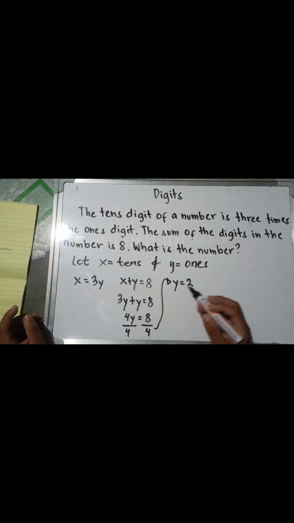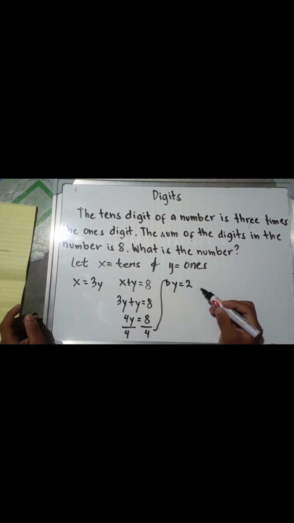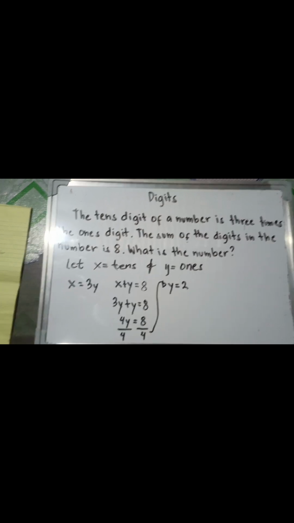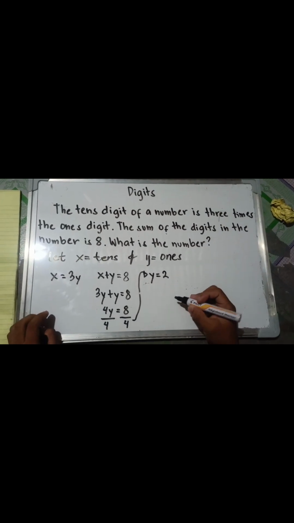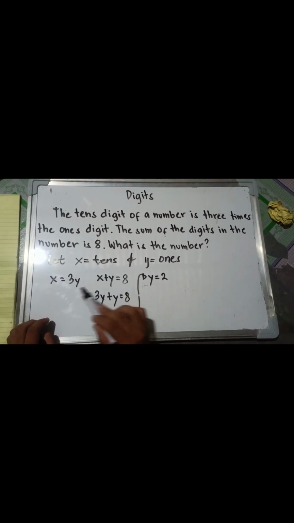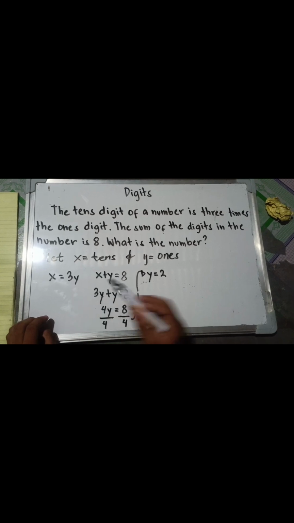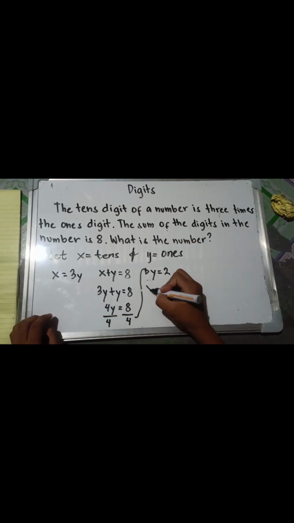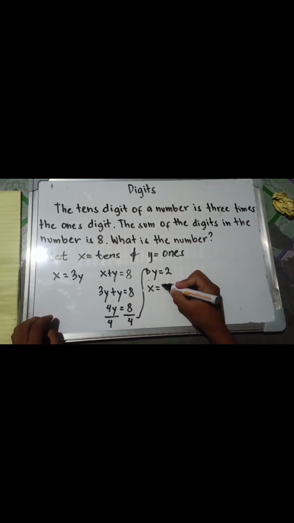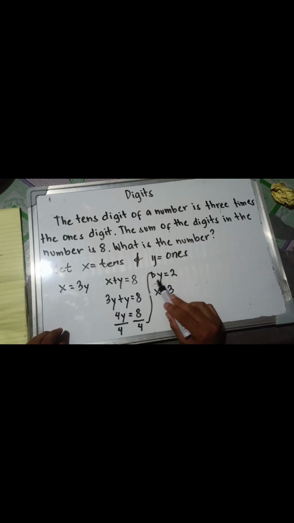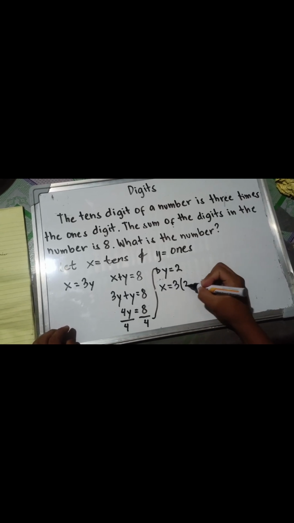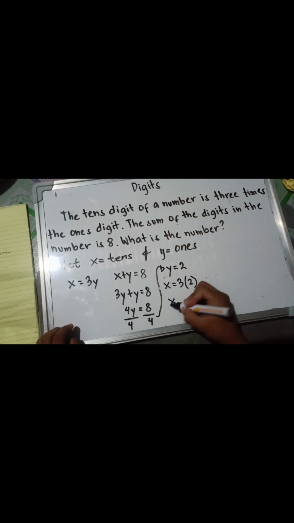So in finding x, we just substitute here, x is equal to 3y. Since x is equal to 3y, we substitute our y, which is 2, and we just multiply it. So our x here is 6.